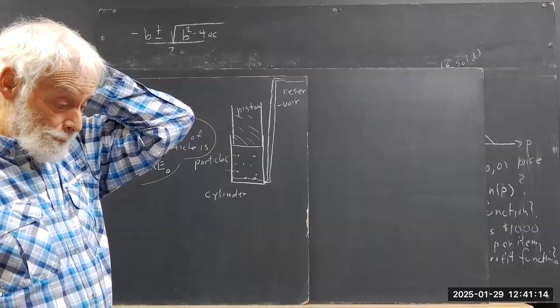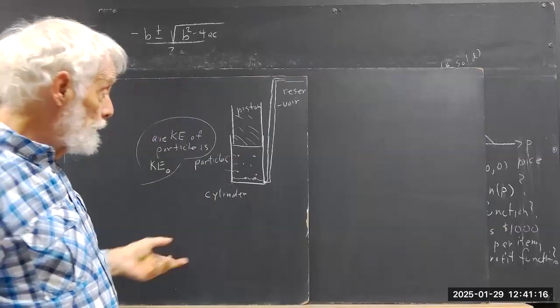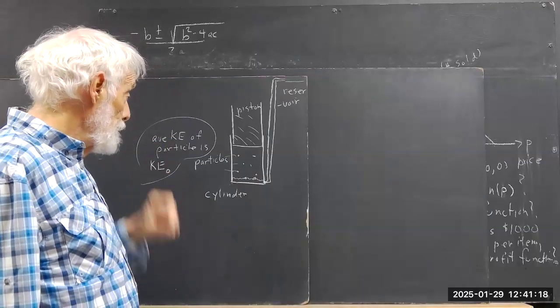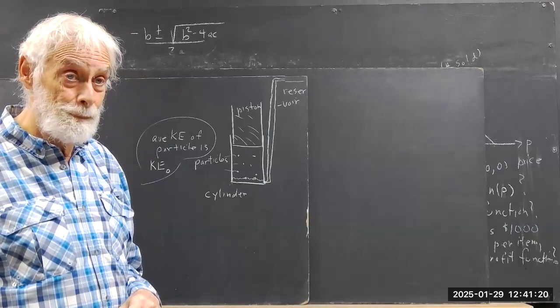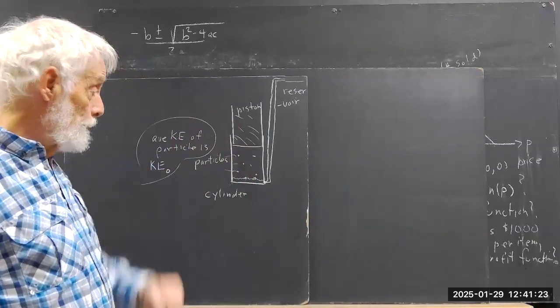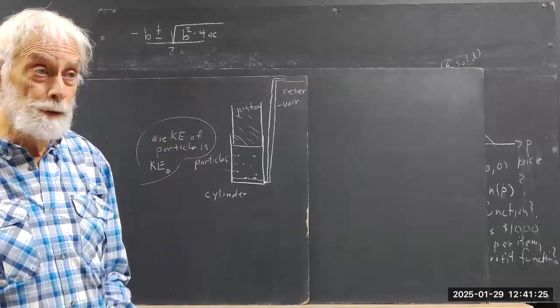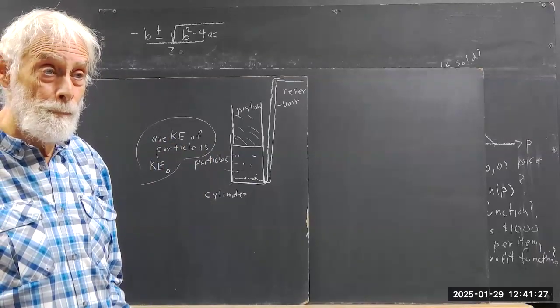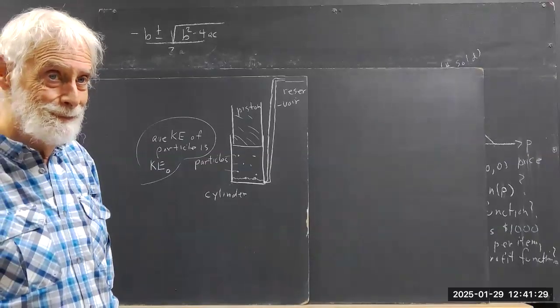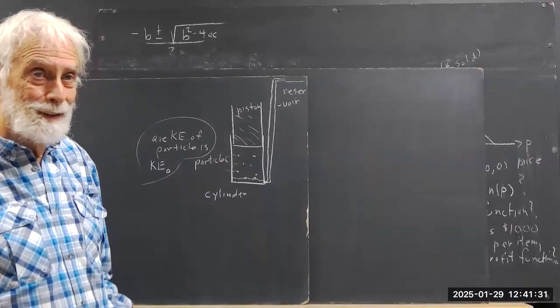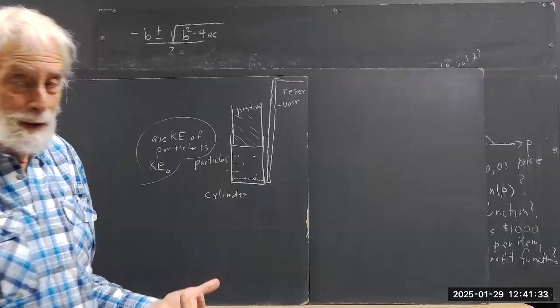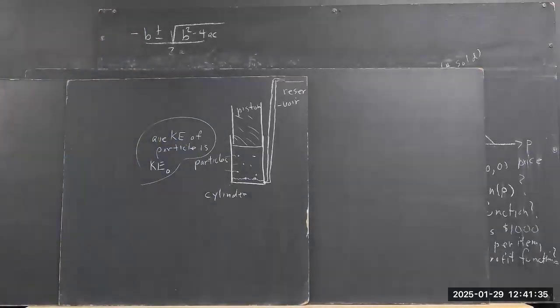Okay, well, if I give you the number of particles and their average kinetic energy in the volume of this container, can you tell me what the pressure is? Let me pause and talk about this for a second.